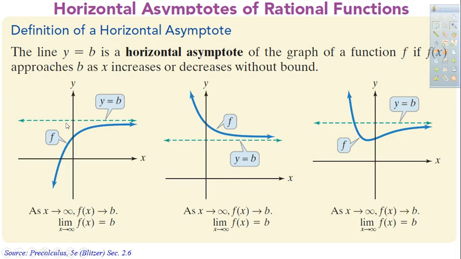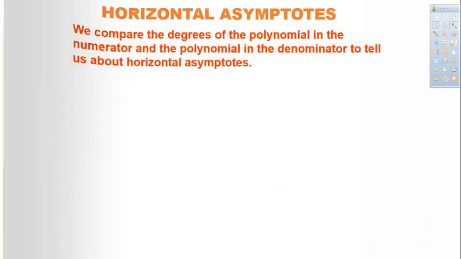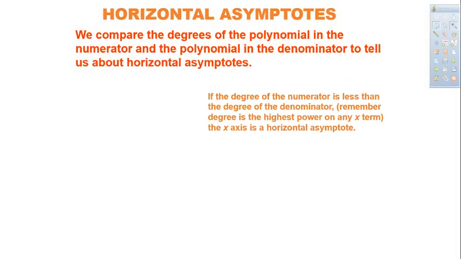It turns out that for rational functions, each rational function will only have one horizontal asymptote if it has any at all. So whether you go to the right or to the left, you will get the same horizontal asymptote. That's particularly for rational functions.